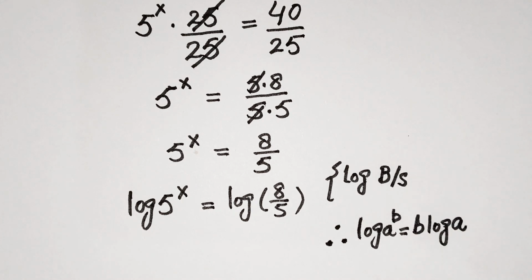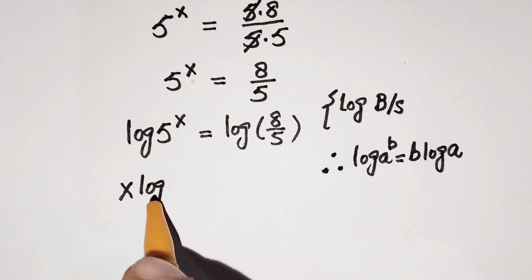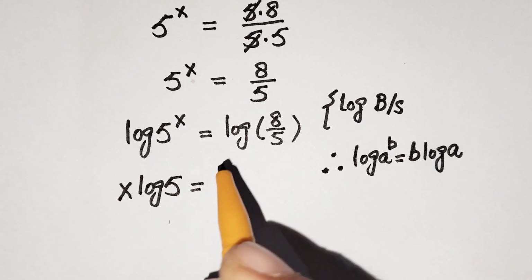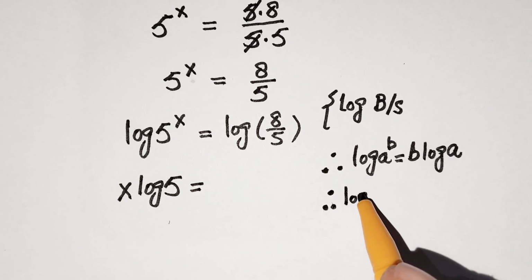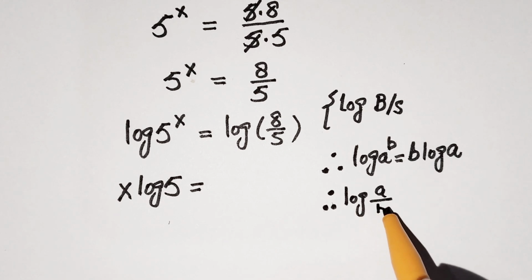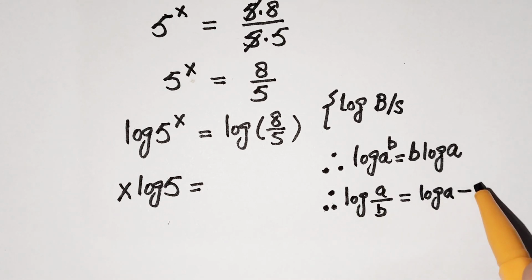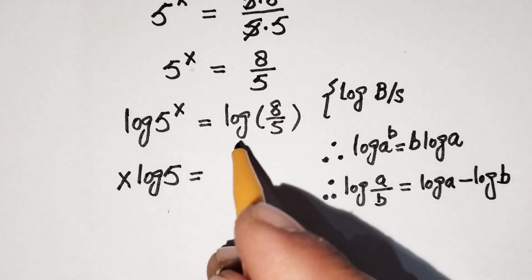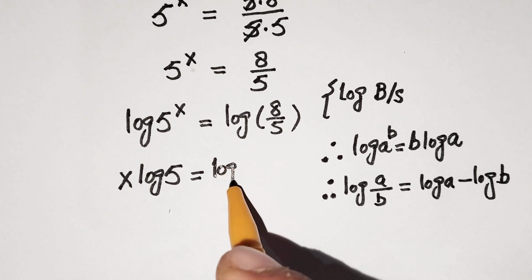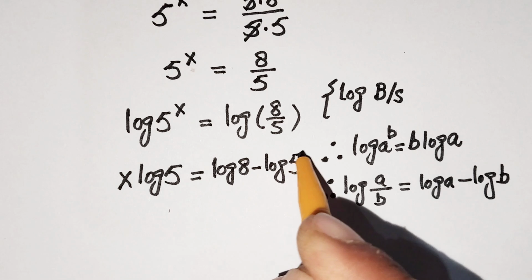So here x log 5 is equal to, here we can also use the logarithm law, log of a over b is equal to log a minus log b, so it will be log 8 minus log 5.